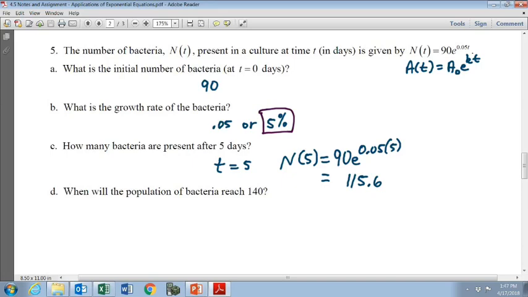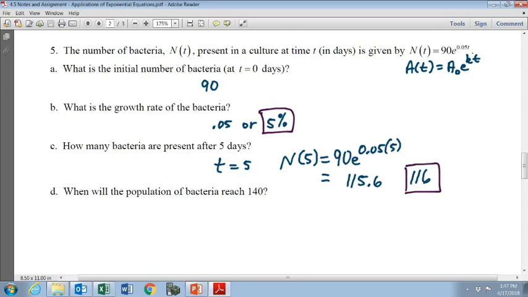Kind of the same thing here. Let's write this as 116 bacteria. I don't know, can you have 6 tenths of a bacteria? Maybe you can.